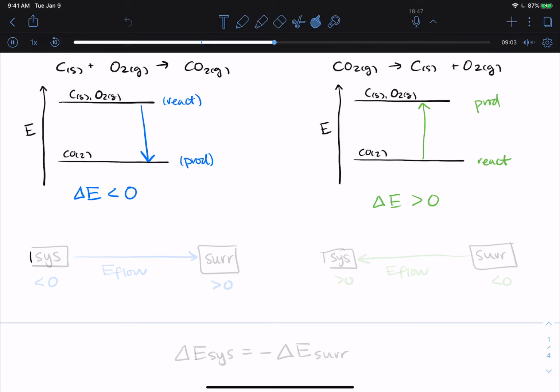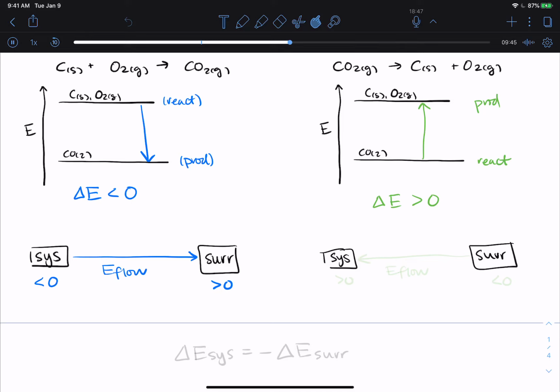So in the case on the left, we had two components that we were defining, the system and the surroundings. So let's look at that for both of these. And on the left, it gives off energy. So my system is giving off energy. That energy is flowing from the system into the surroundings. So my surroundings will have a positive energy because they're absorbing everything.